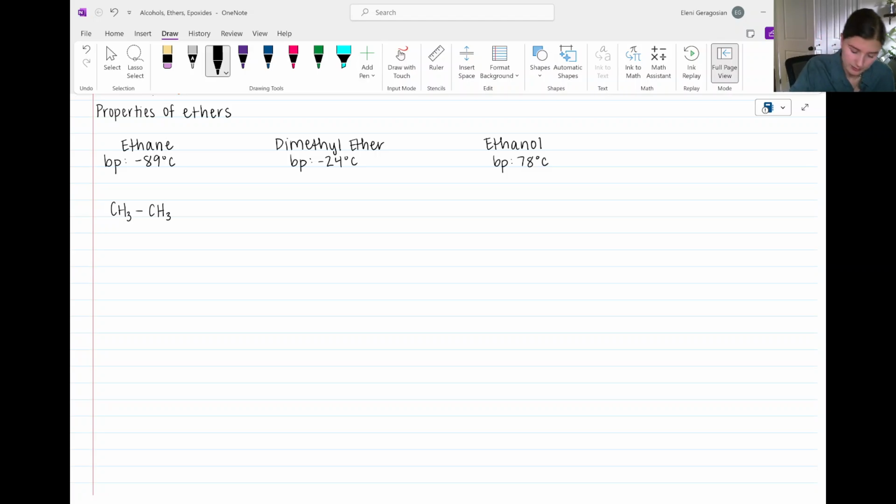Dimethyl ether, this is an ether, so we have oxygen, and then dimethyl, we have 2 methyl groups bonded to that oxygen. And then lastly, we have ethanol, so 2 carbon atoms and an OH, an alcohol group.